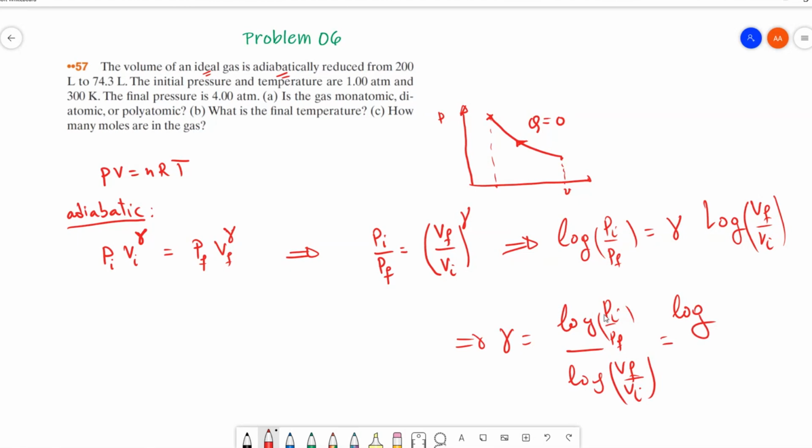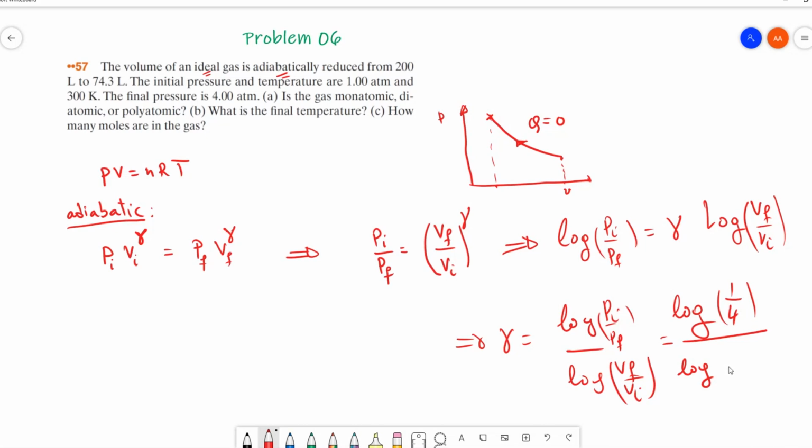Here, I do not need to make a transformation in the units. Since it's a ratio, P over P, I can keep it in atmosphere. So the P final is 4 and initial is 1. The same thing for the log of volume: I should not transfer it to meter cube, I can keep it in liter.